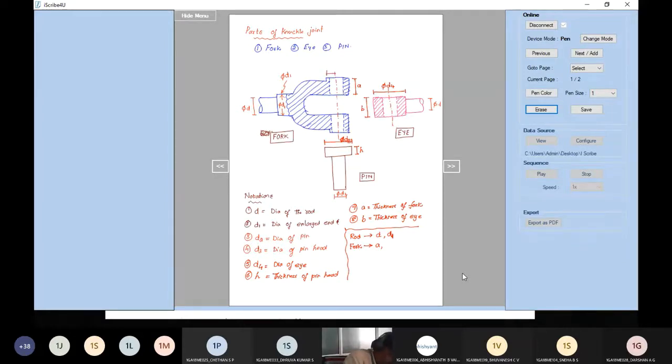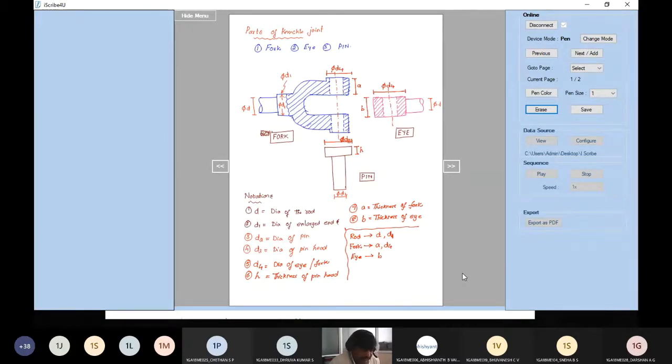This part also is D4. D4 is nothing but the diameter of the eye or the diameter of the fork. So for the fork I have A and D4. In case of the eye, since D4 I have already found, there is only one dimension for the eye, which is B. Only B I need to find.